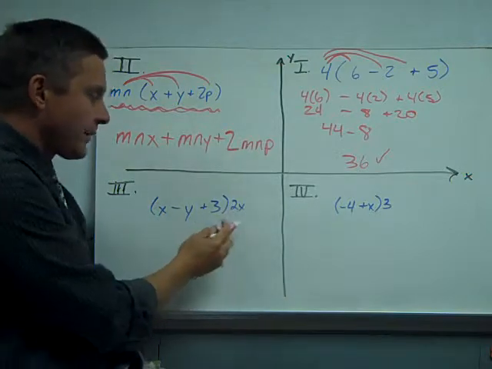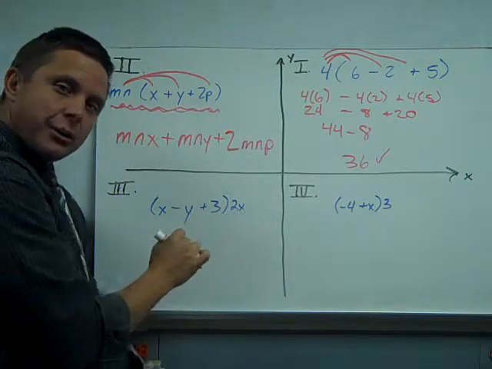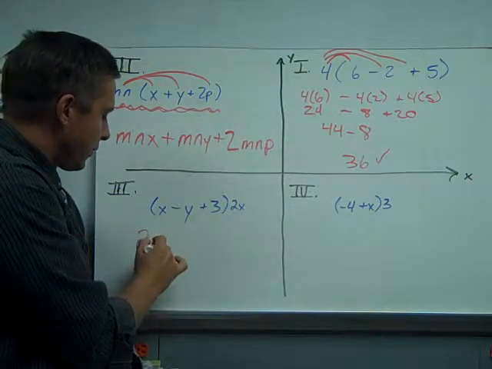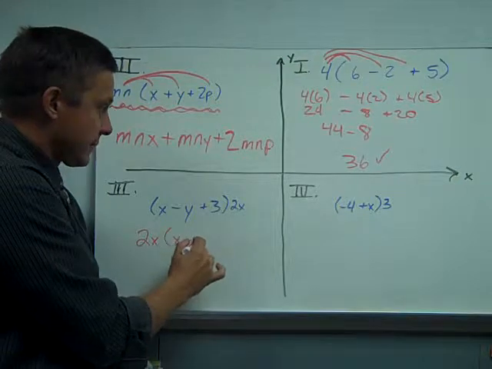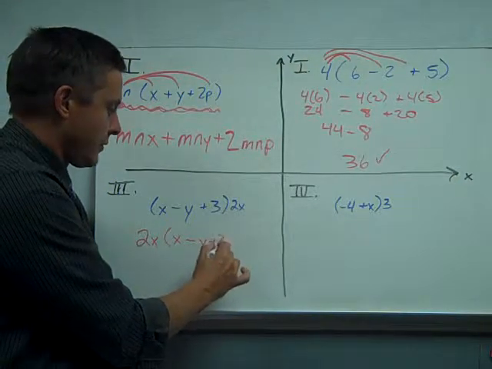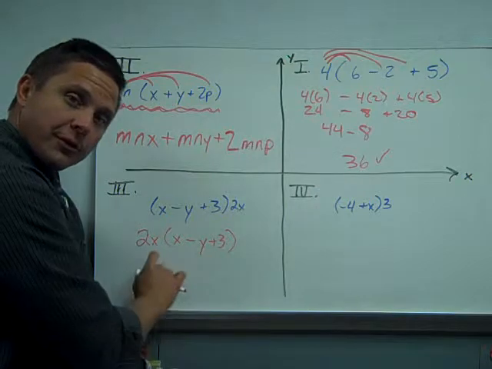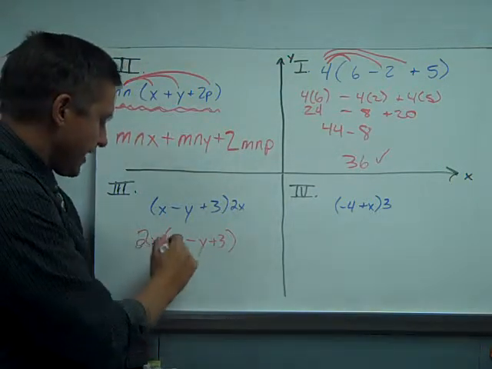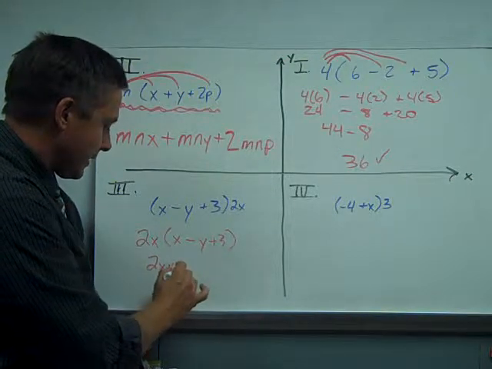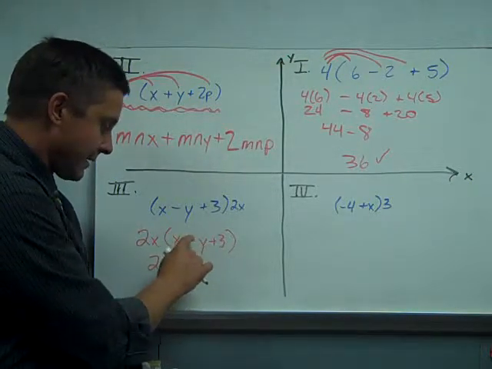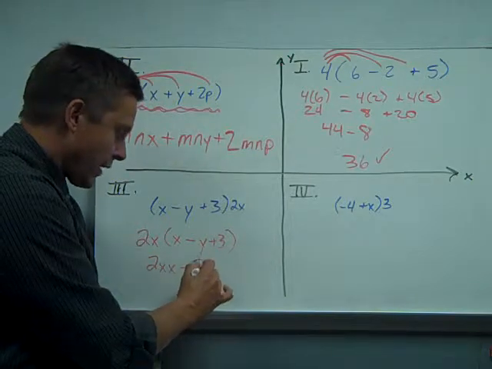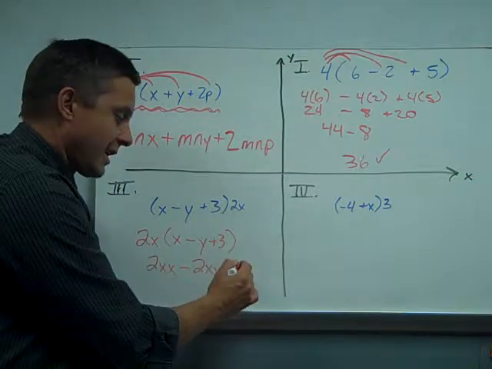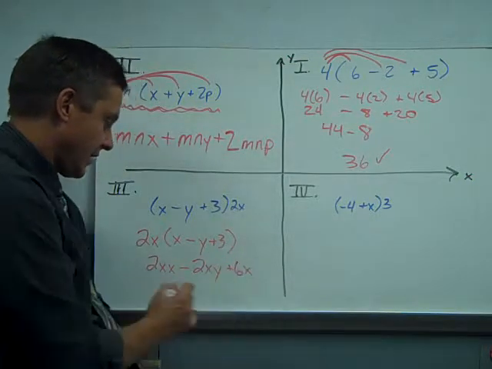Now, quadrant 3. A lot of times now, I'm going to move it. I'm going to put the 2x in front. A lot of students don't do this, but I will. And I go 2x times x minus y plus 3. Now there are 3 terms in the parentheses, so our final answer will have 3 terms. I'm going to write it out. 2x times x is 2xx, minus 2x times y, and the minus came from here, 2xy, plus 2x times 3. 2 times 3 is 6x.